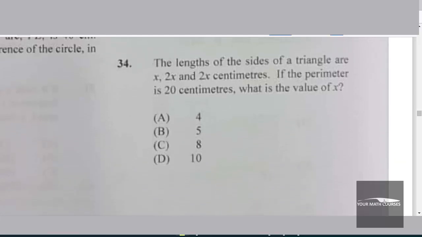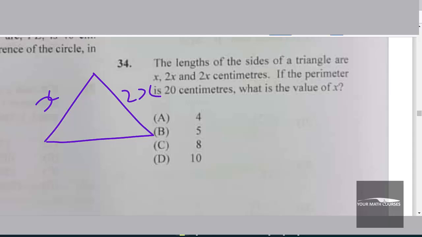The length of the sides of a triangle are x, 2x, and 2x centimeters. If the perimeter is 20 centimeters, what is the value of x? So the triangle, you have x, 2x, and 2x. So the perimeter is the distance around the figure.